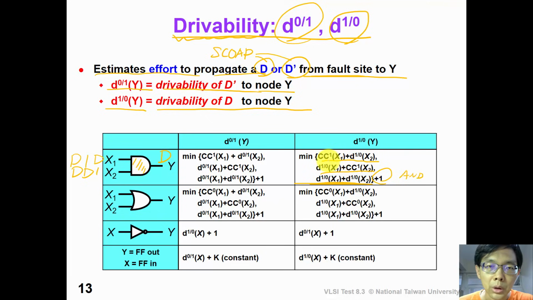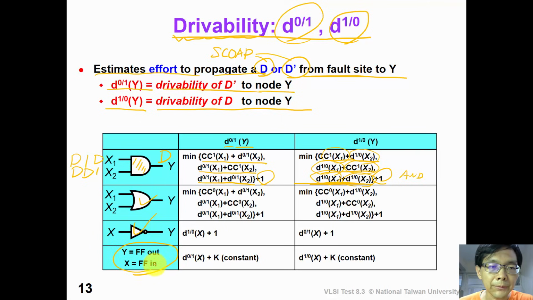So we either control x1 to 1 and x2 to D, or x1 to D and x2 to 1, or both inputs are D. Similarly, if we want to control y to D prime, then we also have three possibilities. So we take the minimum of these three numbers plus 1. The drivability of OR gate and inverter can be analyzed in a similar way.